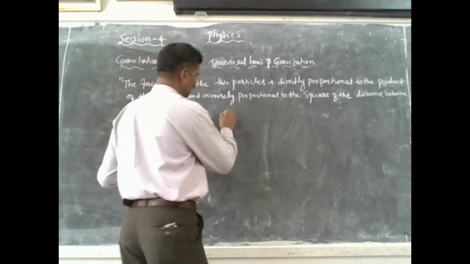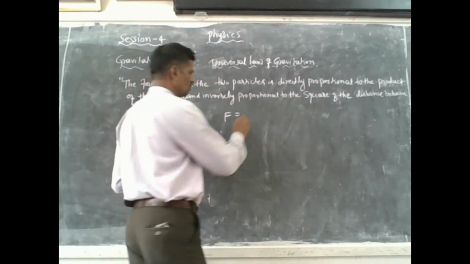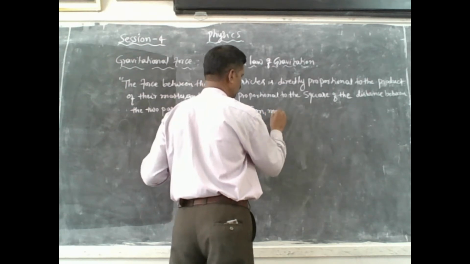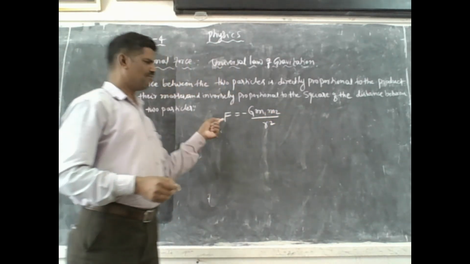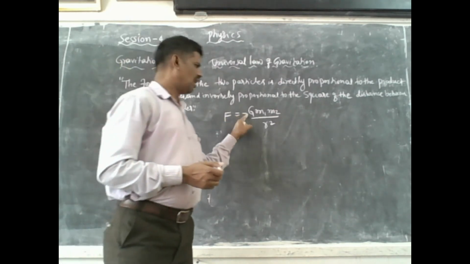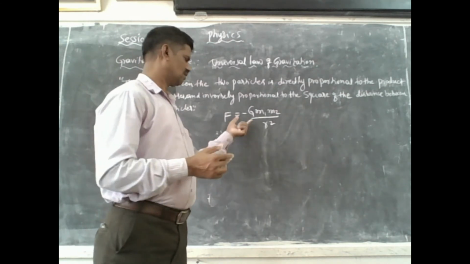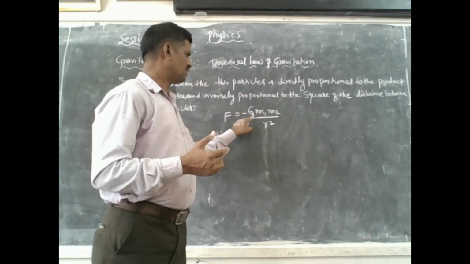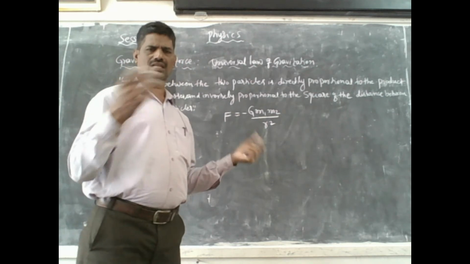So here that can be mathematically represented as F is equal to minus G m1 m2 divided by r square, where F is the force acting between the two particles and G is the gravitational constant. m1 and m2 are any two particles.